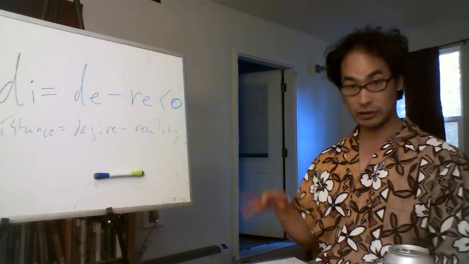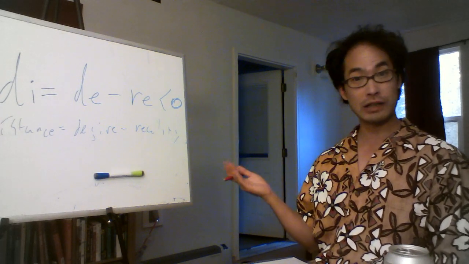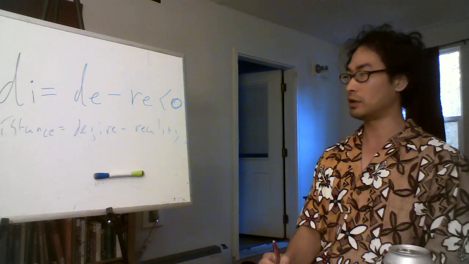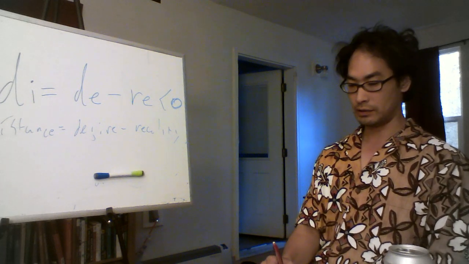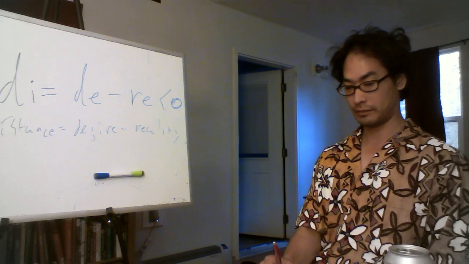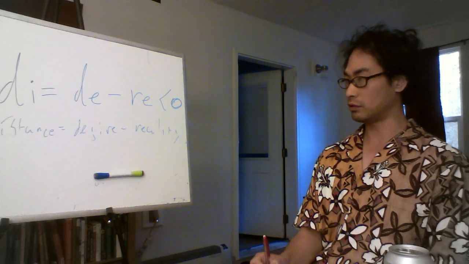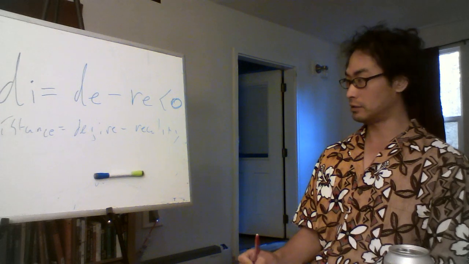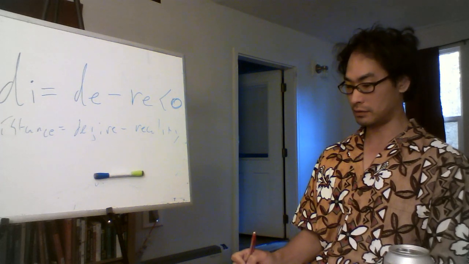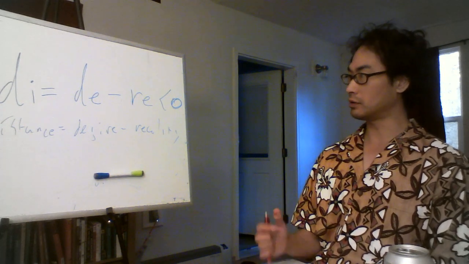But for now, let's just enumerate all the different kinds of distances as we find them. Okay, so distance is equal to desire, what you want, minus reality, something like that.